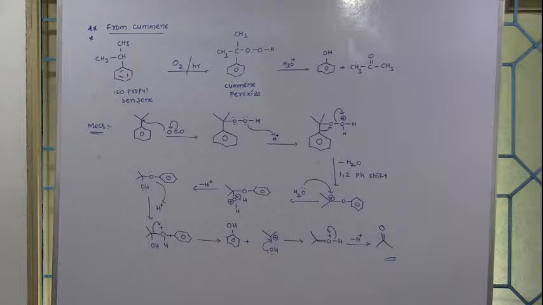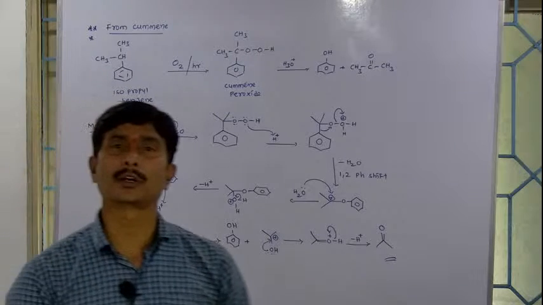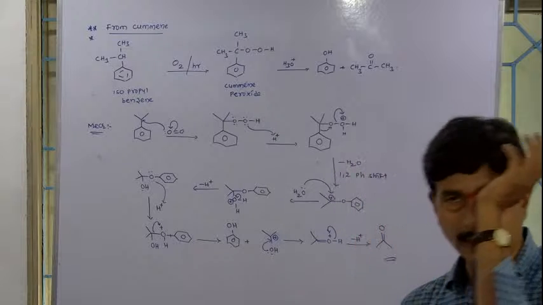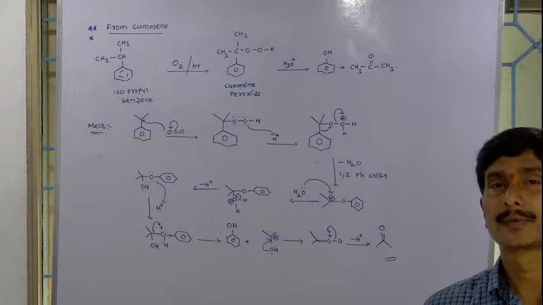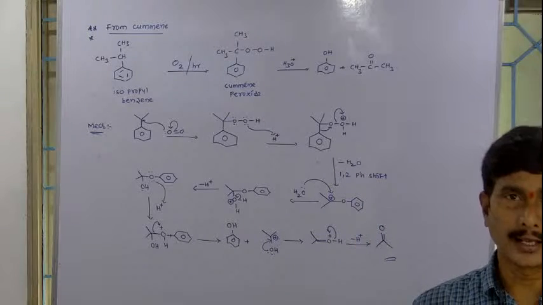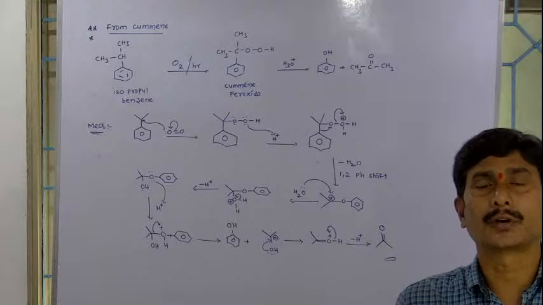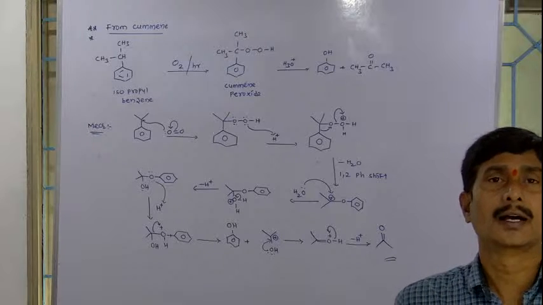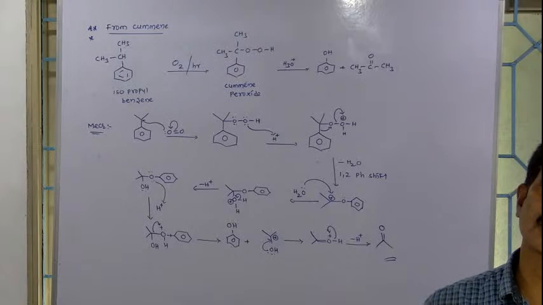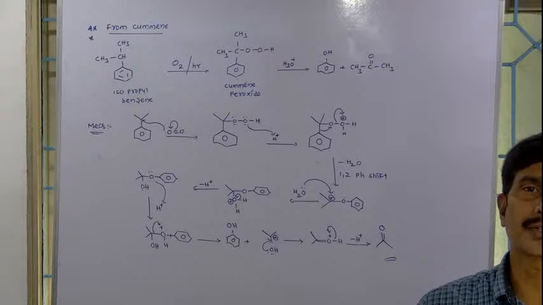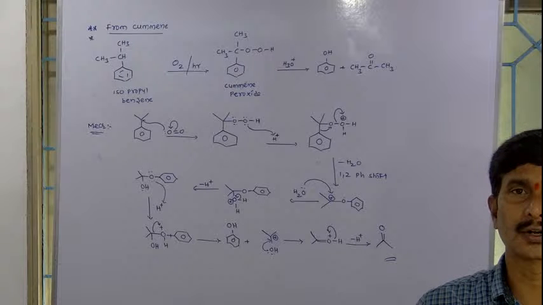So this is the mechanism involved in the conversion of cumene into phenol. Cumene, that is isopropyl benzene, on oxidation with air or oxygen in presence of sunlight, followed by hydrolysis or acidification, gives phenol. It is a commercial or industrial method for the preparation of phenol.